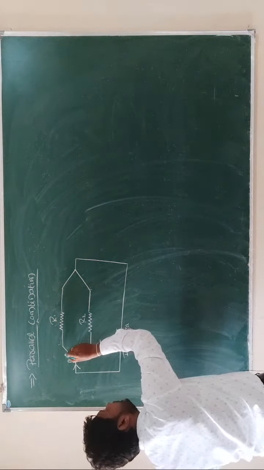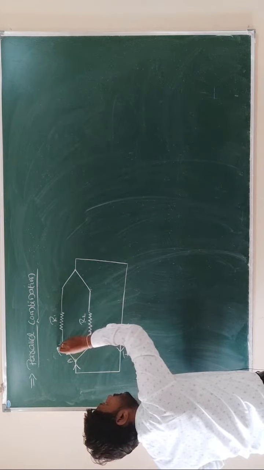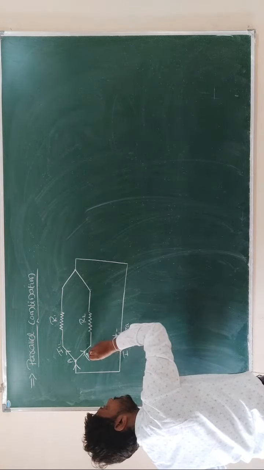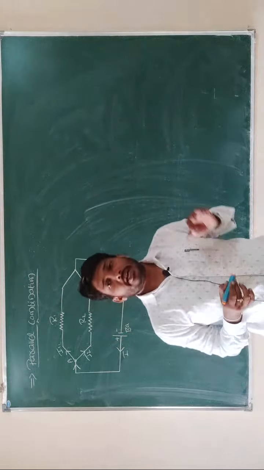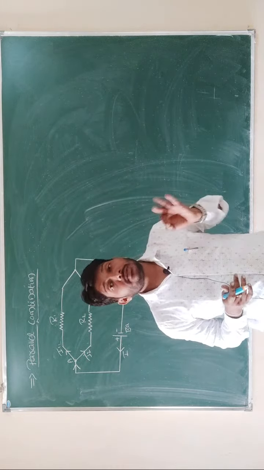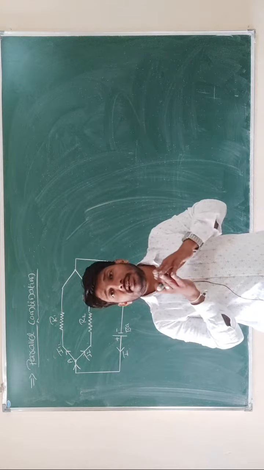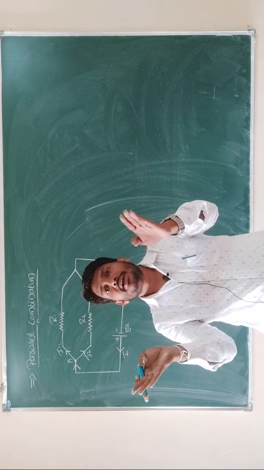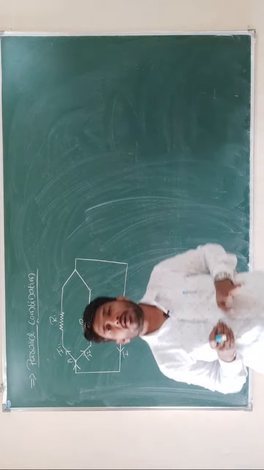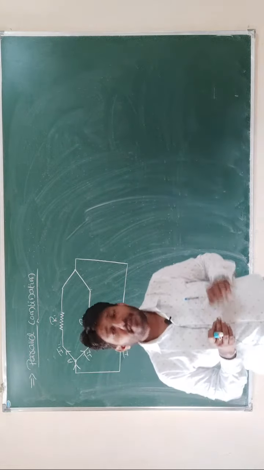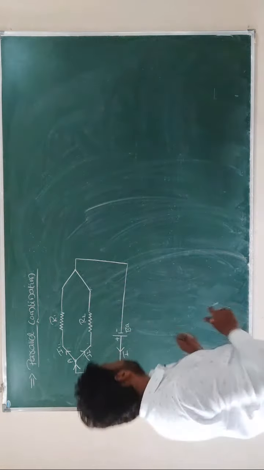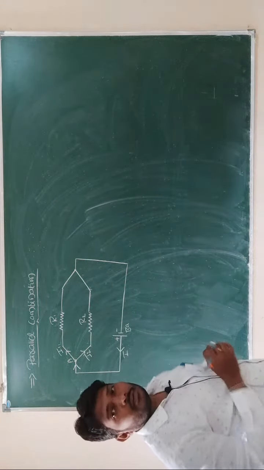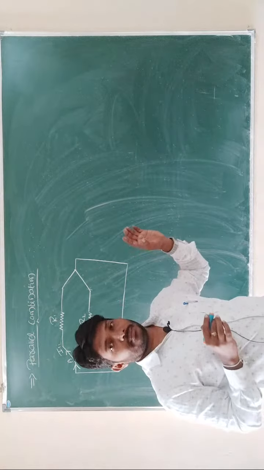This current I gets divided into I1 and I2. A certain amount of current flows through the first resistor and the remaining amount flows through the second resistor. So the total current gets divided here. In parallel combination, the total current is equal to the sum of the individual currents, right? So I equals I1 plus I2.